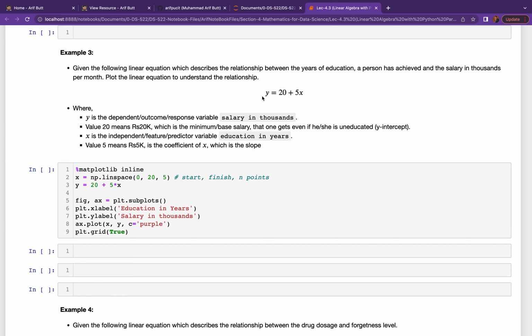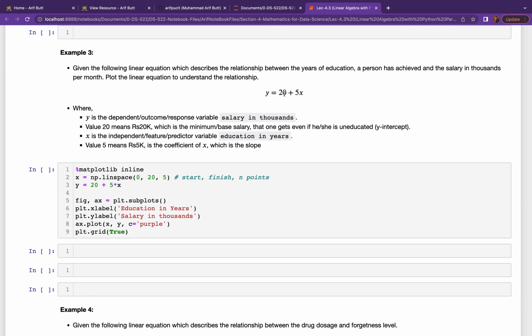And this is another example. This is the linear equation y is equal to 20 plus 5x, the relationship between years of education a person has achieved and the salary in thousands per month. So y is the dependent variable, that is the salary in thousands.